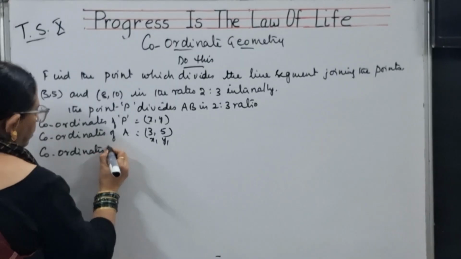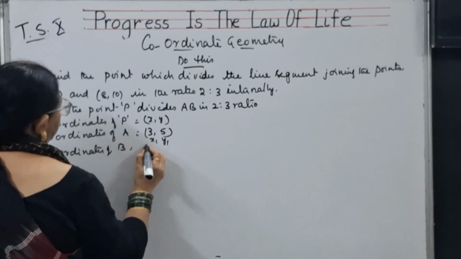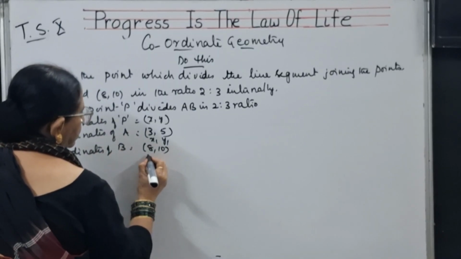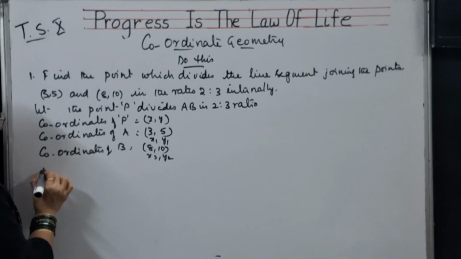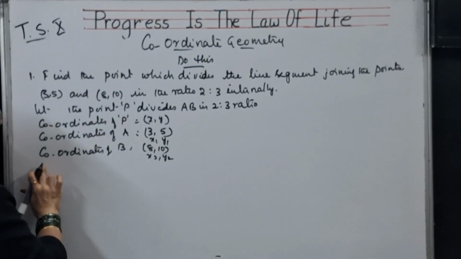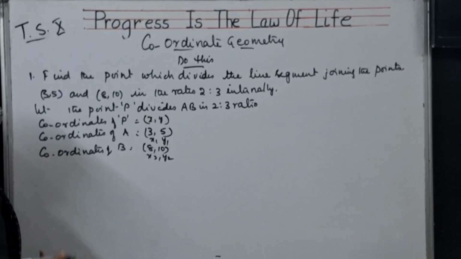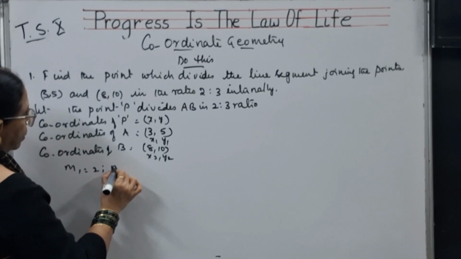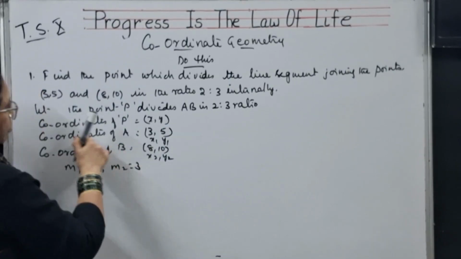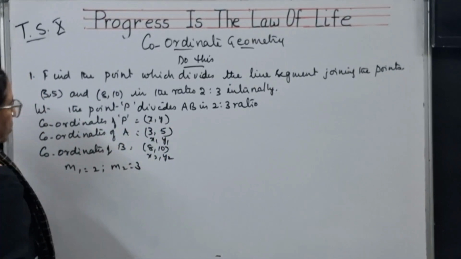Coordinates of B is equal to 8 comma 10, x2 comma y2. So here P divides in the ratio m1 is to m2. m1 is 2, m2 is 3 because P divides AB in 2 is to 3 ratio.